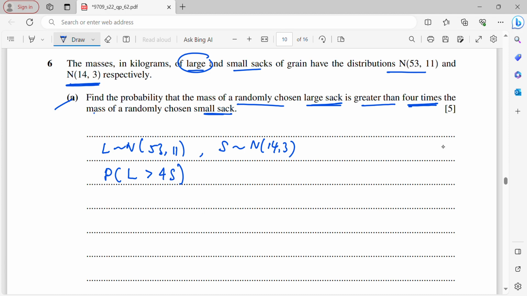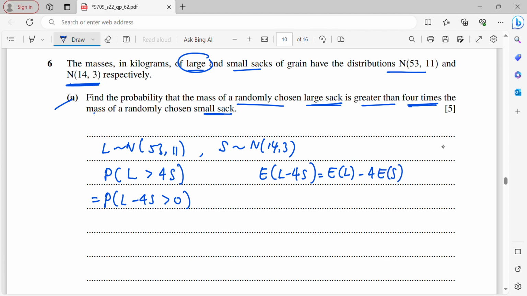So now I need to find the distribution for L minus 4S, because I need the probability that this is greater than 0. So the expected value of L minus 4S will be the same as expected value of L minus 4 times expected value of S.